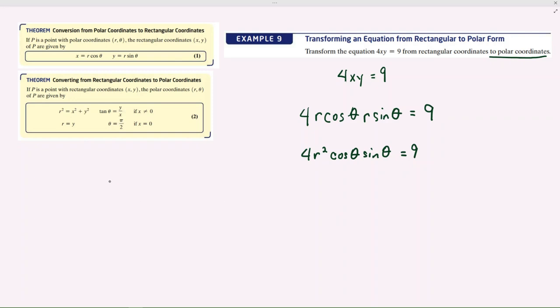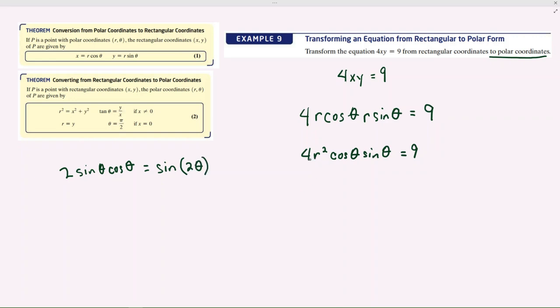One of our formulas that we had from before, the double angle formula, 2 times sine theta cosine theta is equivalent to the sine of 2 theta.